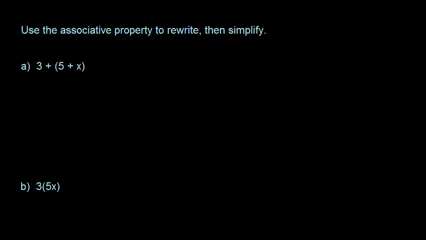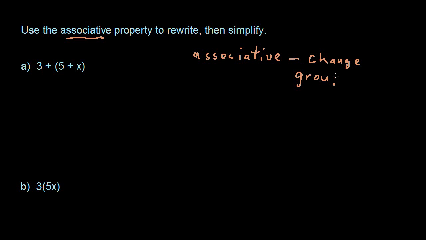Next problem says to use the associative property to rewrite and then simplify. And what does associative mean? The associative property means to change the grouping. For example, for addition, let's say we have 2 plus 3 plus 4, where 3 plus 4 are grouped.